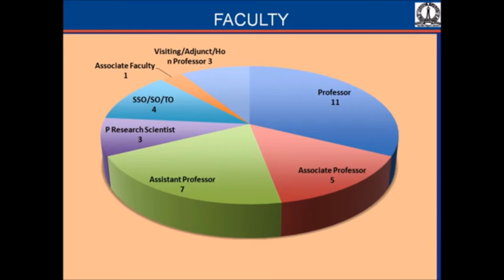So associate faculty members are basically faculty members from other departments in the institute who are attached to ECE department. For example, we have 1 associate faculty member from the Center for Neuroscience, and there is interest in this department of doing neuroscience and bioengineering related work.